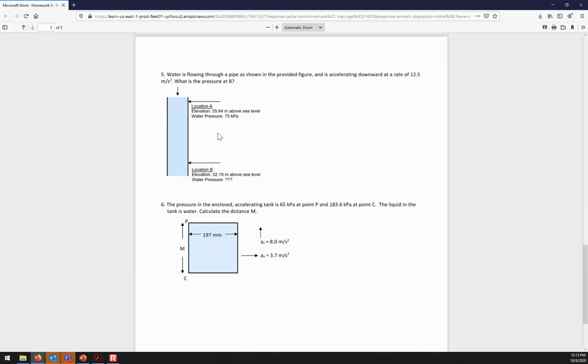All right, so problems 5 and 6 are both Euler's problems. In problem 5, you have water flowing through a vertically oriented pipe, and you know the acceleration of the fluid, the pressure is given, the elevation is given, and so you're just going to substitute into Euler's equation.